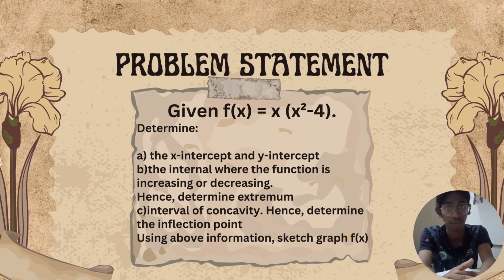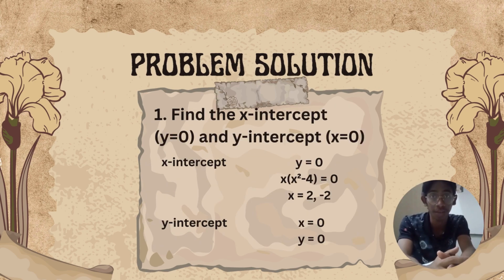Let's start solving. For question A, we need to find the x-intercept and the y-intercept. If we want to find the x-intercept, y is going to be 0. So y equals 0. From the equation, we put y as 0 and we get x equals 0, negative 2, and 2.